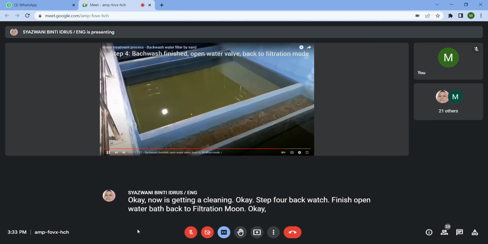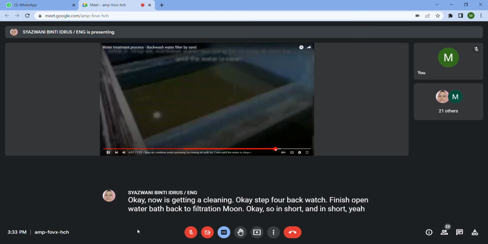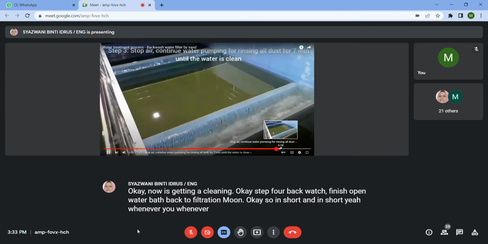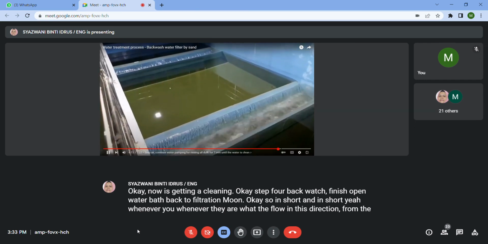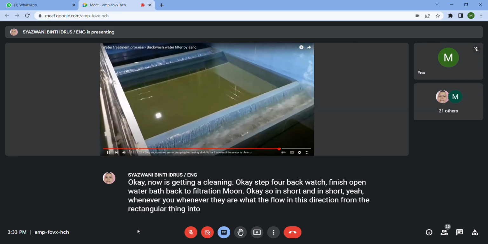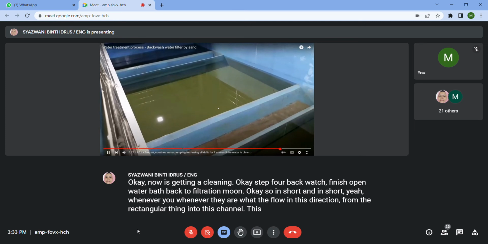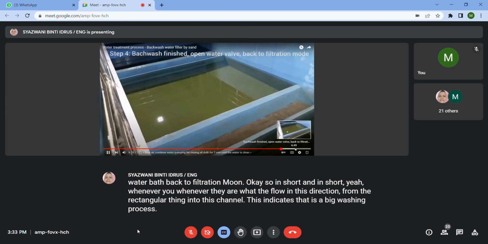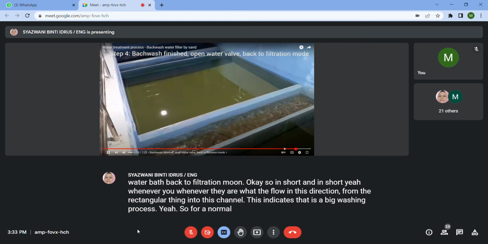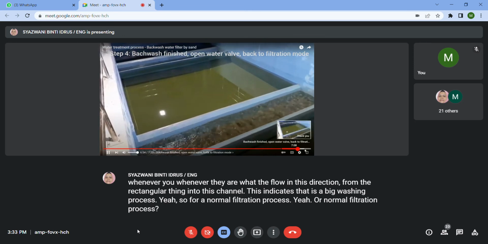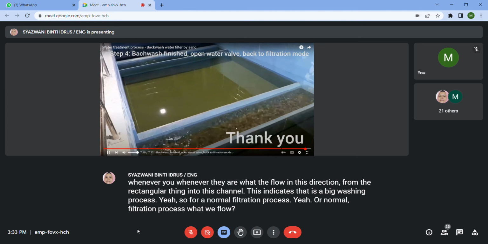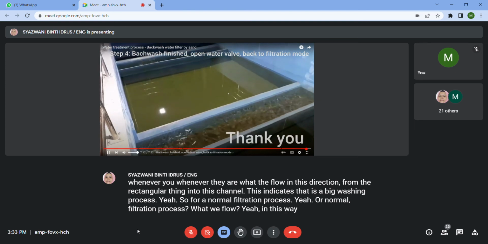Okay, so in short, whenever there is water flow in this direction, from the rectangular tank into this channel, this indicates that it's a backwashing process. For a normal filtration process, water will flow in this way into the filtration system.